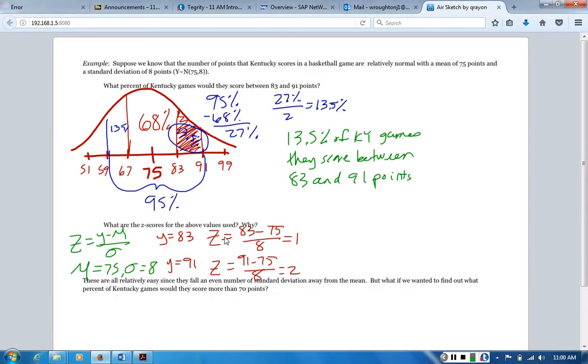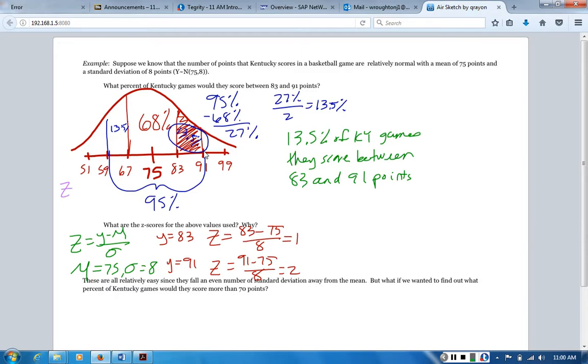Now, why does this make sense? Remember, z measures the number of standard deviations we are from the mean, and we went out in increments of the standard deviation. If I go back up here and look at my picture, let me get a different color to work with. I'll work with my purple here. I can calculate the z for every single one of these numbers.